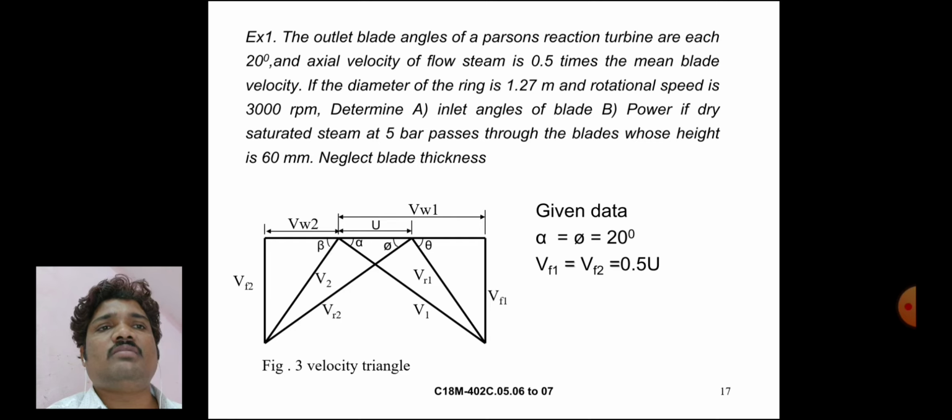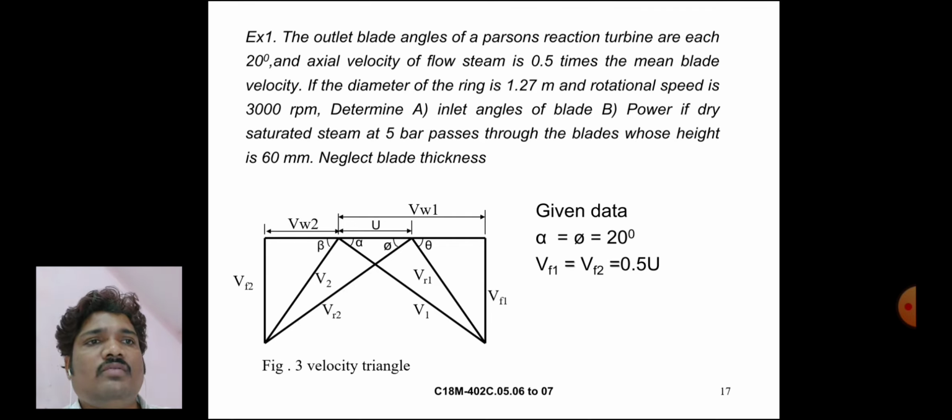In this problem, given data alpha and phi is 20 degree, Vf1 equals Vf2 is equal to 0.5 u.